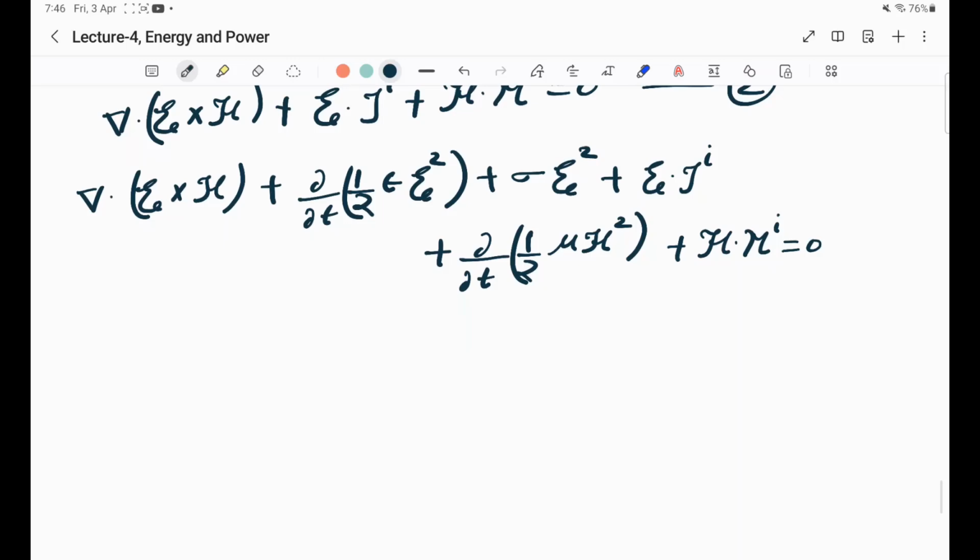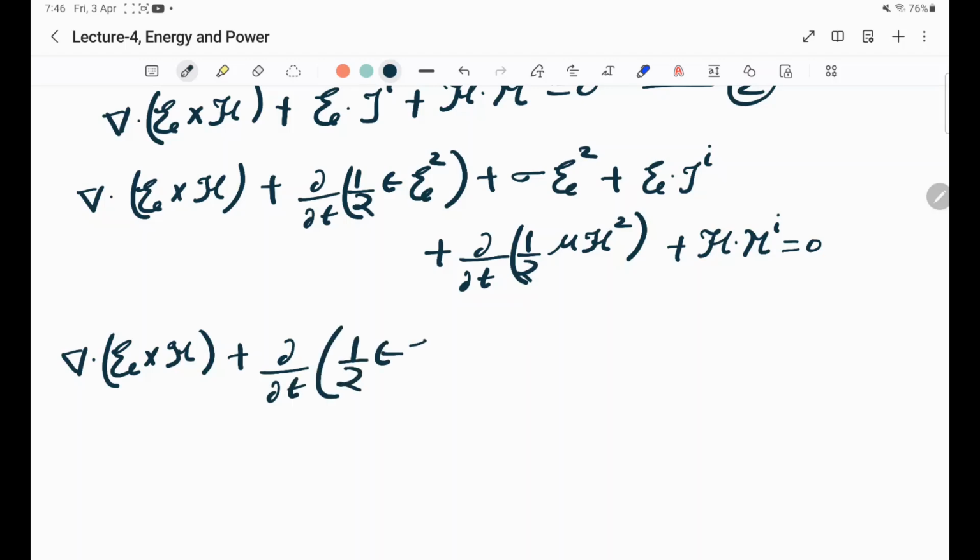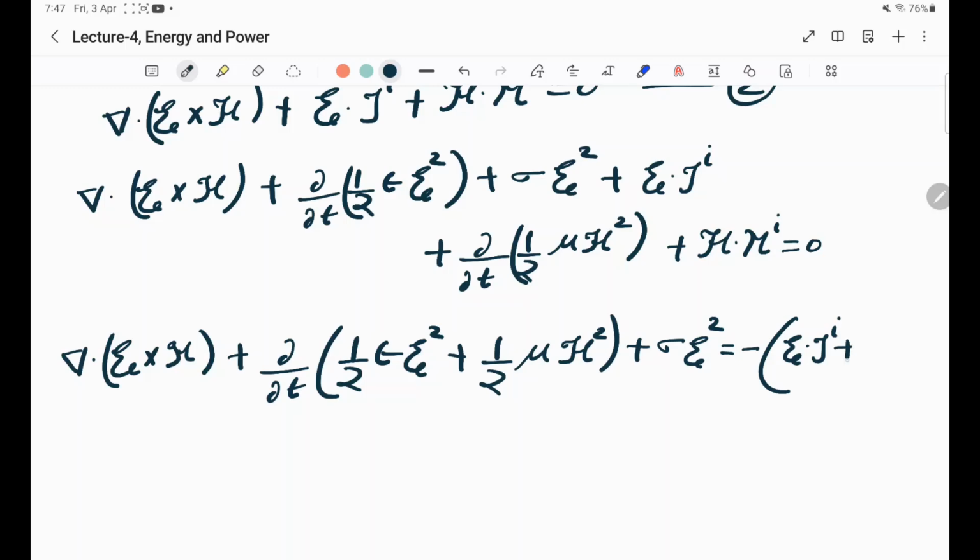Now if I rearrange this such that you have del dot E cross H plus del by del t of half epsilon E squared plus half mu H squared, and sigma E squared on the left hand side, and you take the source terms onto the right hand side, you will get minus E dot Ji plus H dot Mi.